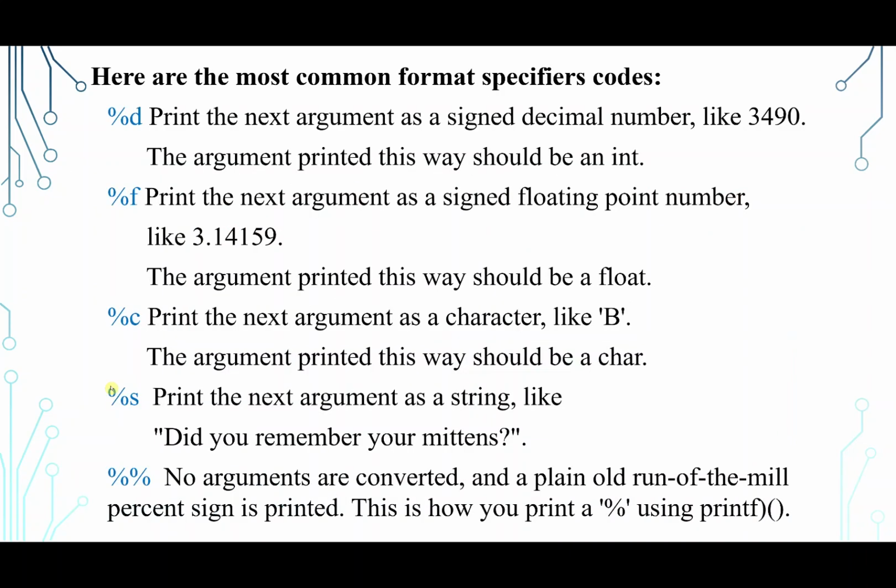Okay, here are the most common format specifier codes. %d prints the next argument as a signed decimal number, like this number. %f expects a floating point number. %c prints the next argument as a character. %s expects a string, like text in double quotes.